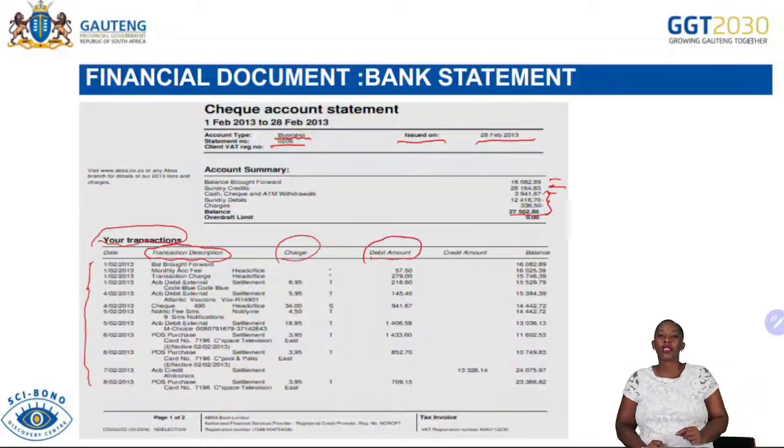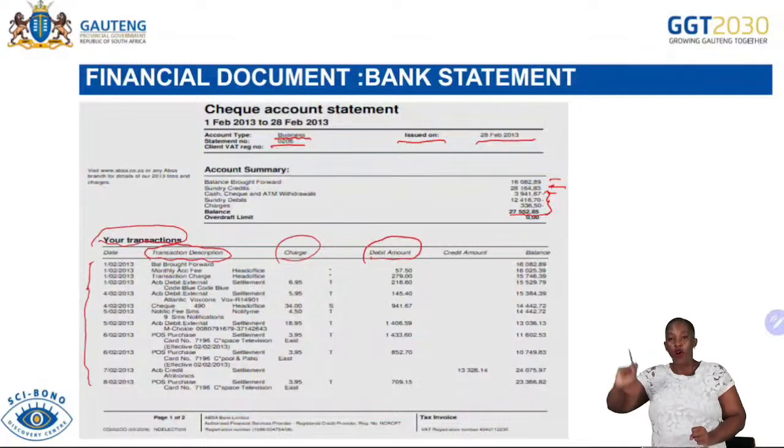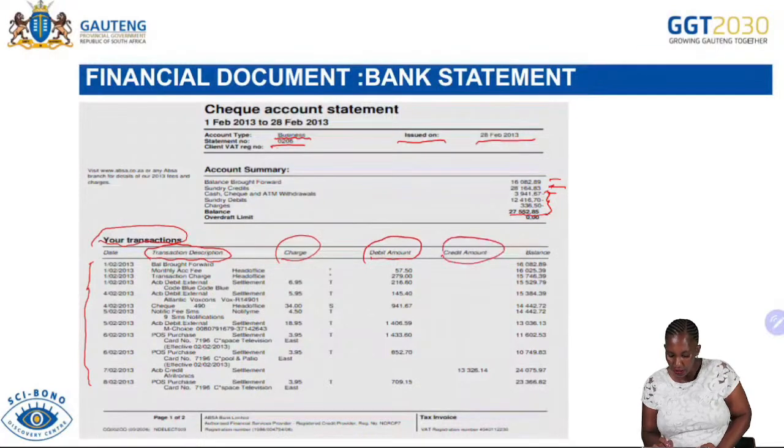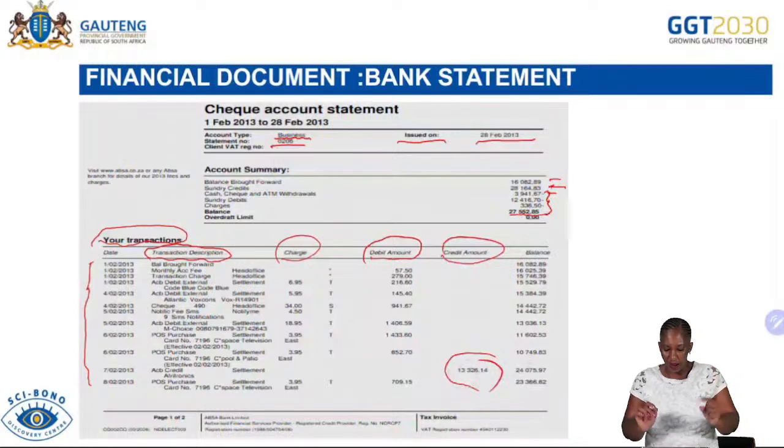And how do you notice that it is a debit amount? Your balance will go down as they debit, as they take money away, the balance will go down. And then once you have the credit, as we can see, the credit amount, the balance goes up. Now quickly, I'm not going to do the calculations here, but I'm just going to show you.